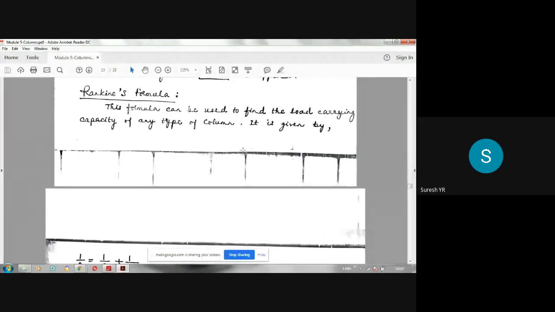It should be used only for long columns. So L by K, that is slenderness ratio, cannot be less than a particular value, depending on the value of L, effective length. If effective length is less, L by K is less. That is a restriction, and I had explained with respect to that mild steel column.